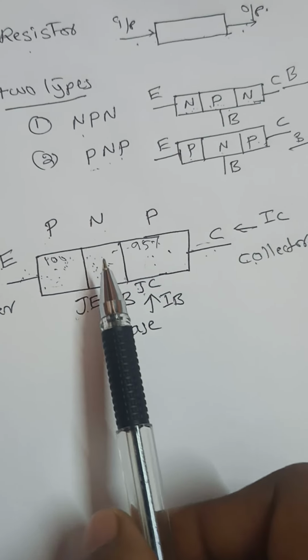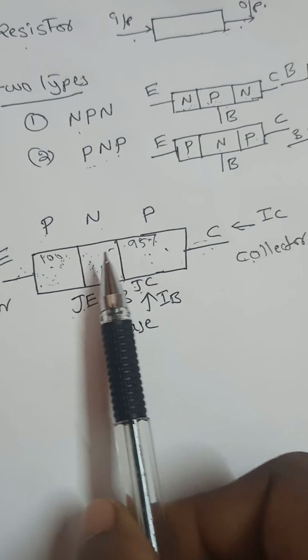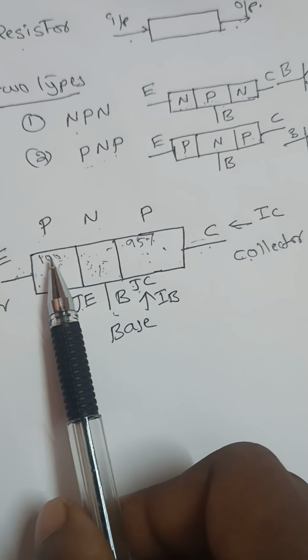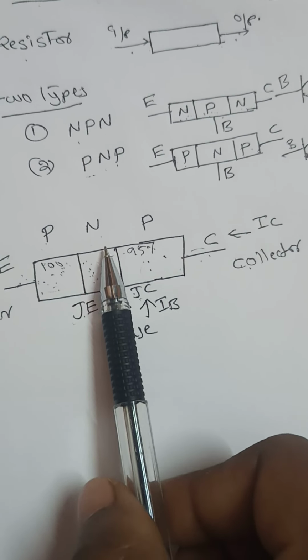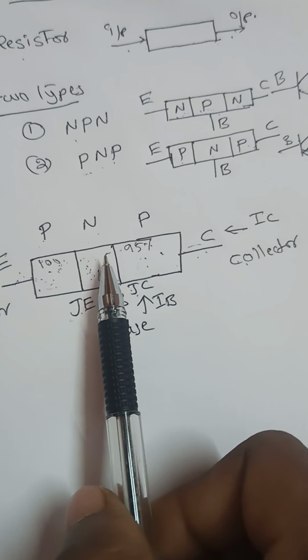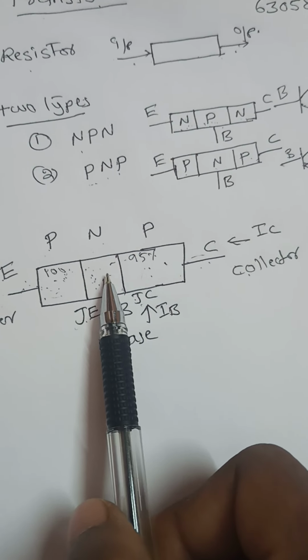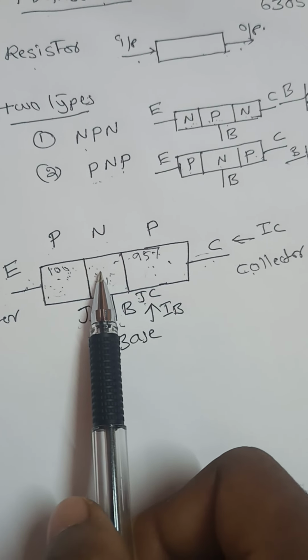That is nothing but IB, the base current, and then the remaining carriers after recombination. Why? Because the base is lightly doped, meaning the availability of free carriers is very small. So fewer carriers disappear with the recombination.